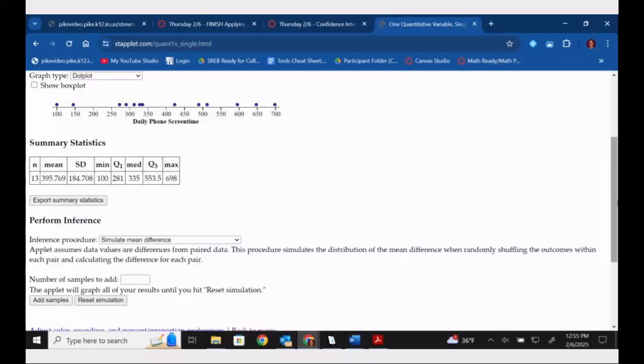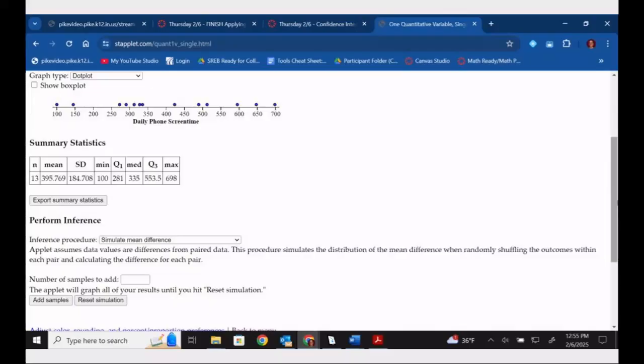What is our X bar? Where would we go look for that? What does X bar mean? It means sample mean. So what is our sample mean? Can you guys see it from back there? Yep, 395.769. All right, so on your paper, I need you guys writing these things down.